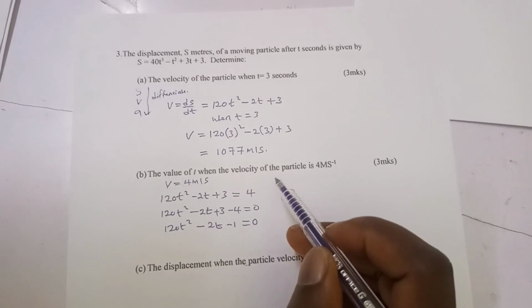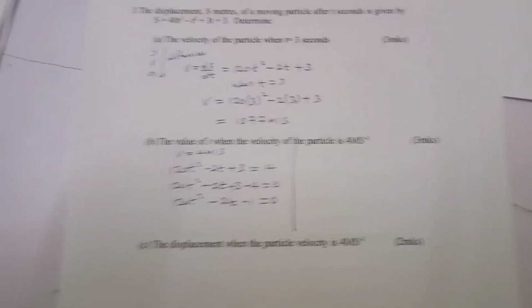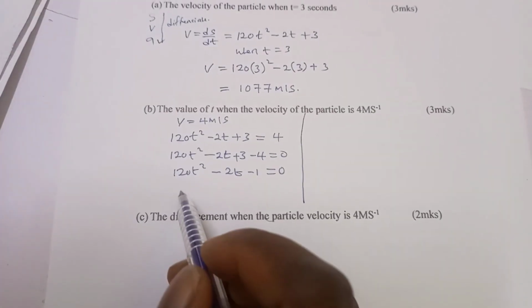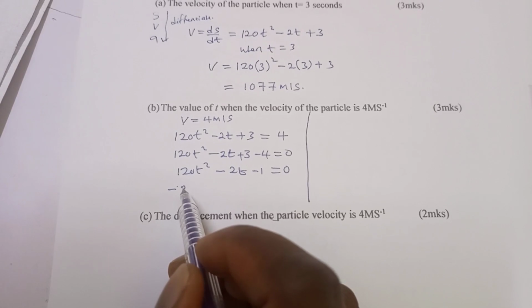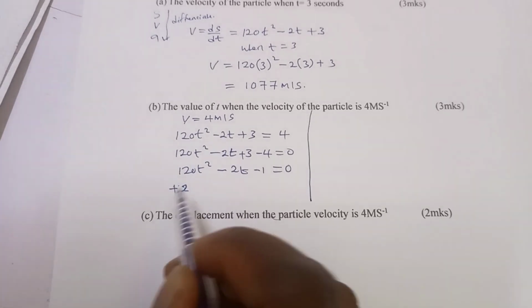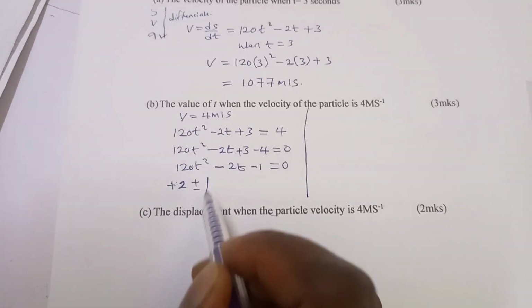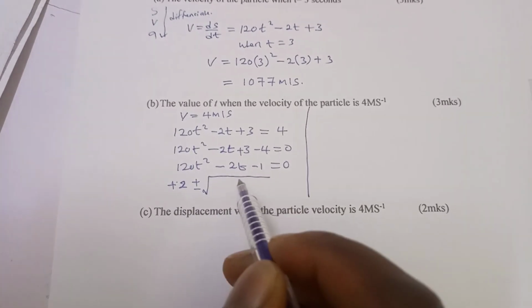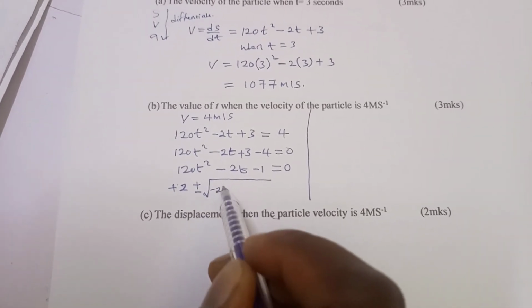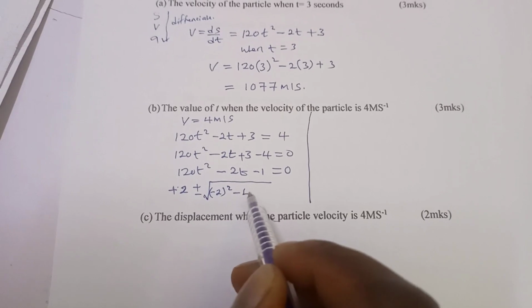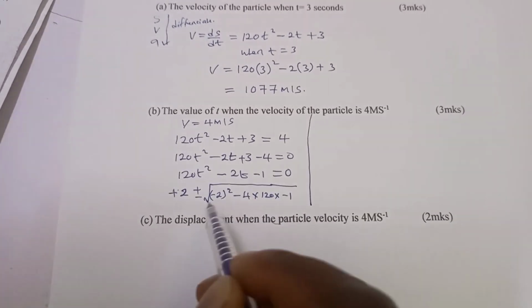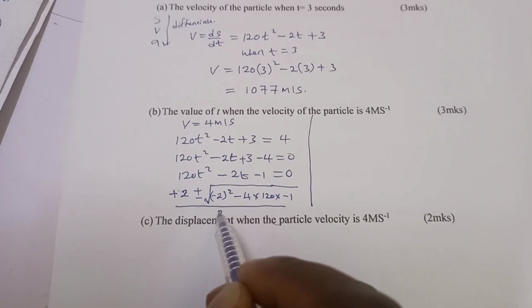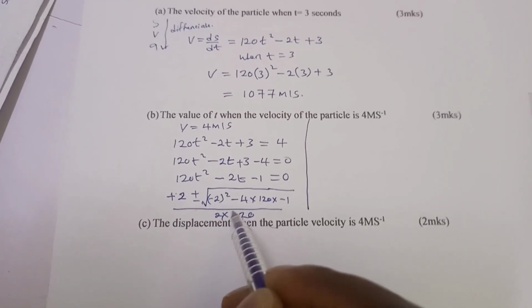We go for the quadratic formula in this case. We have minus b, which is plus 2, plus or minus the square root of b squared, so minus 2 squared, minus 4ac, minus 4 by 120 by negative 1, divided by 2a, or 2 by 120.